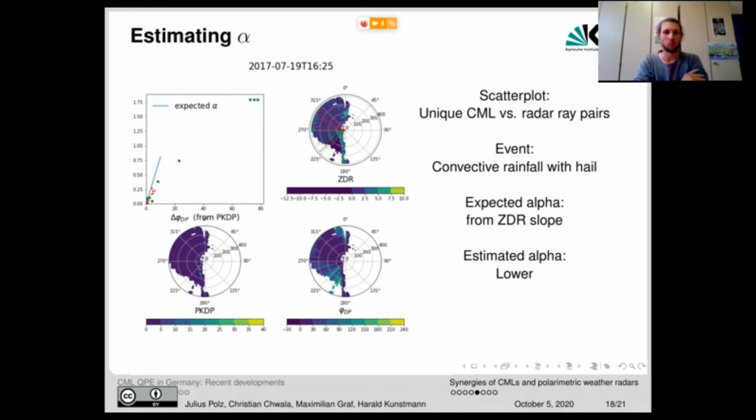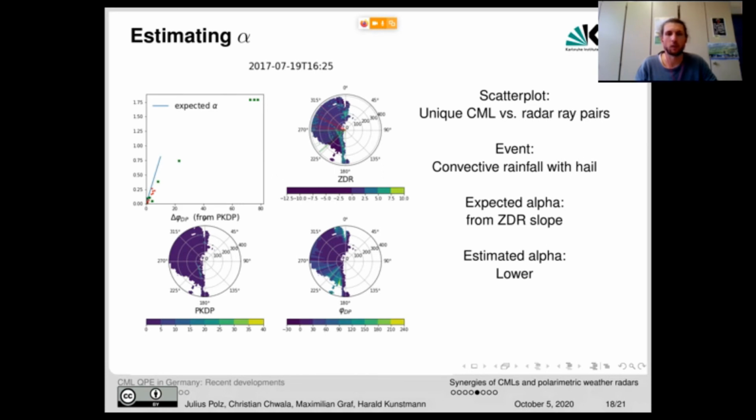So what we can see here, we have these 4 panels, and the upper left is a scatter plot which shows unique CML versus radar ray pairs. The event that we see, and we just see an instantaneous measurement, so it's not aggregated, is a convective rainfall event with hail. So we expect quite high attenuation.